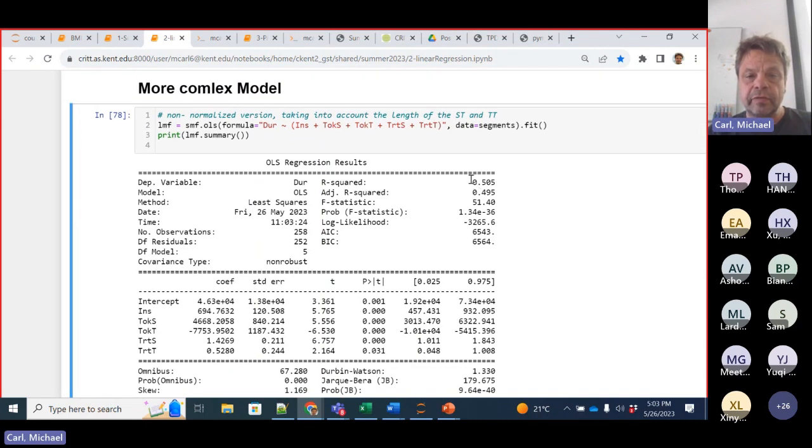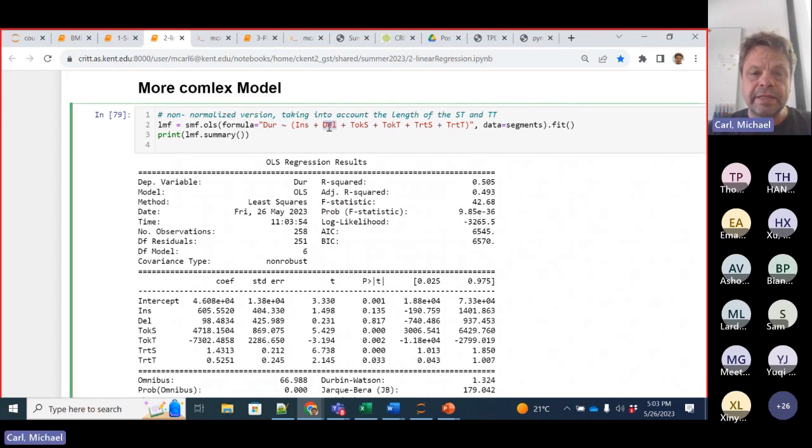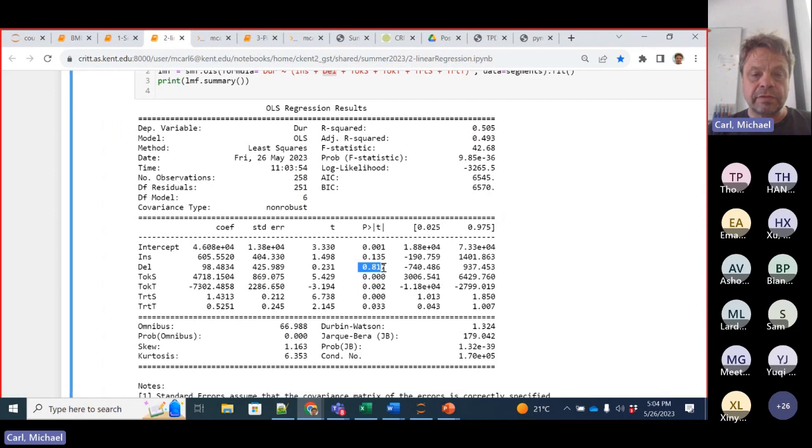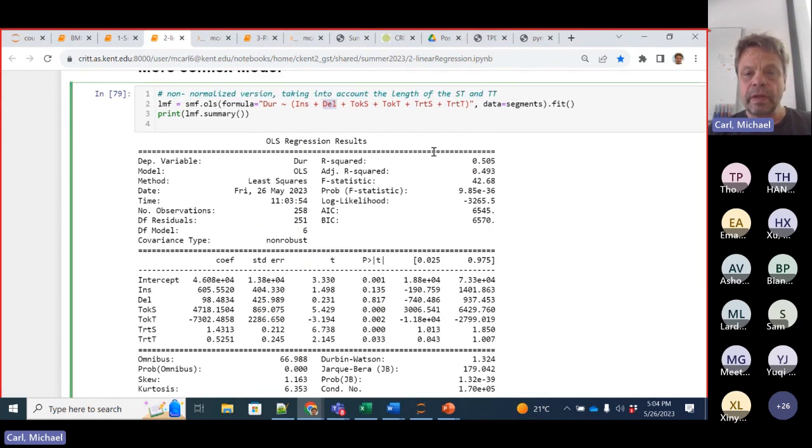we can see that it increases the significance of the insertions. And here we can see how well this model explains our data, okay? This is what this R squared tells us. And if we add these deletions again and you look at this value here, adding this variable actually does not add explanatory value to this whole model. And you can also see it's not significant. This number of deletions is not significant, and it adds no explanatory value.